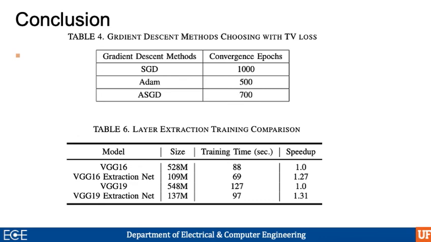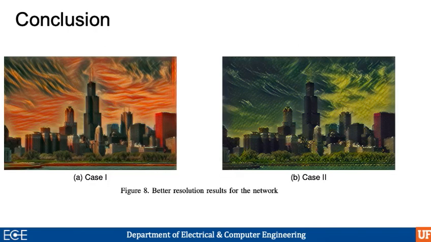Using different VGG networks like VGG16 or VGG19, we can extract from the net to form a smaller net, which reduces the training time and gives a speedup of 1.3 times over VGG. We get a better resolution result from the network.